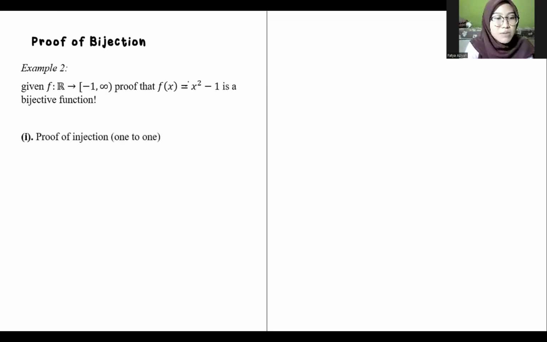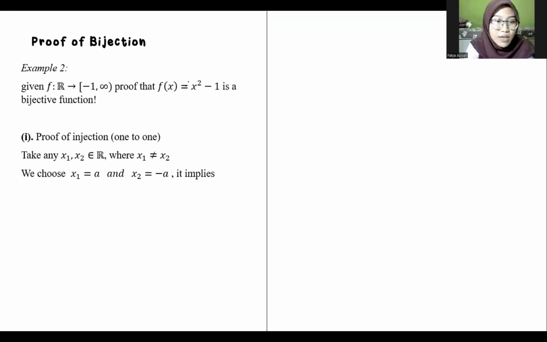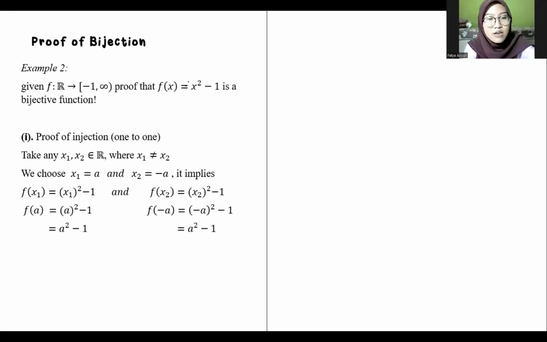Okay, so the first step is proof of injection. Take any x1 and x2 where x1 is not equal to x2. We choose x1 equal to a and x2 equal to minus a. We want to make a difference between x1 and x2, right? So it implies f of x1 is equal to f of x2.